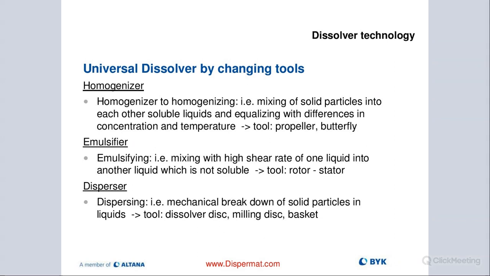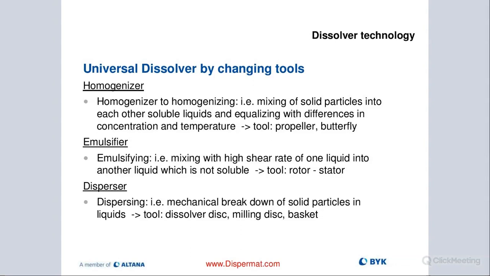So the modularity that I talked about earlier in the introduction, that's the reason Hermann Getzmann still comes into the company, is because the dispermats are designed to operate not only as a disperser, but that they're also fully functioning rotor stator machines, a bead mill, or a basket mill, or a vacuum system.